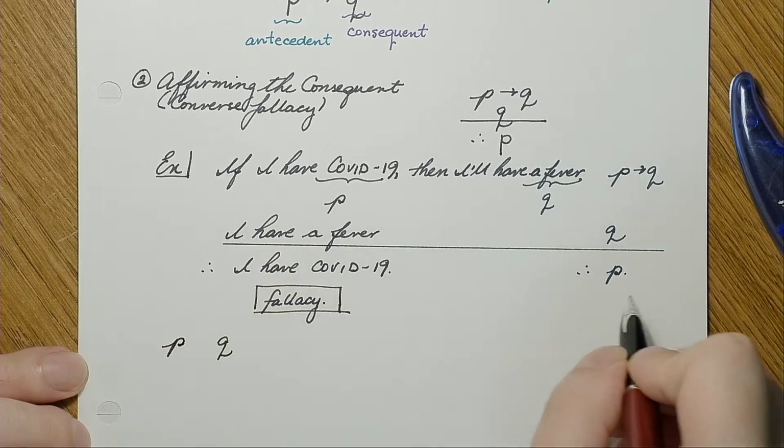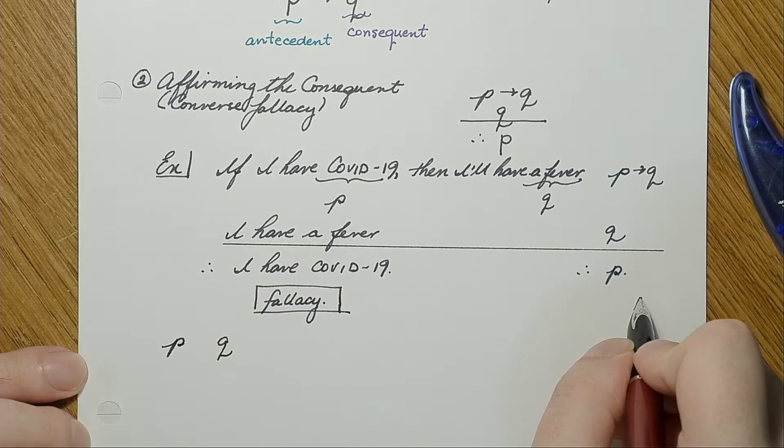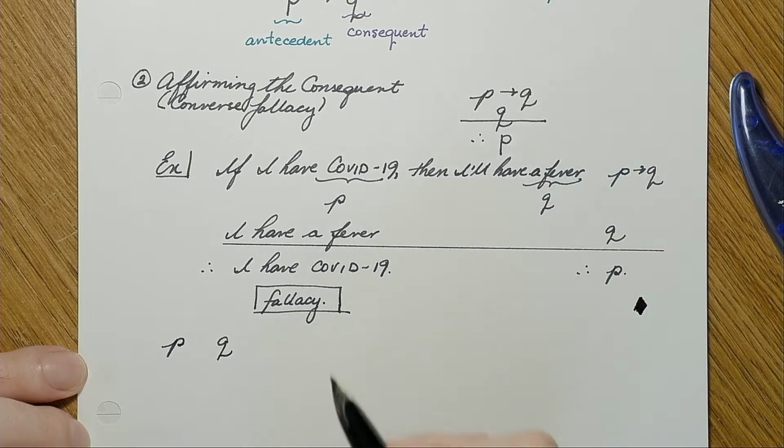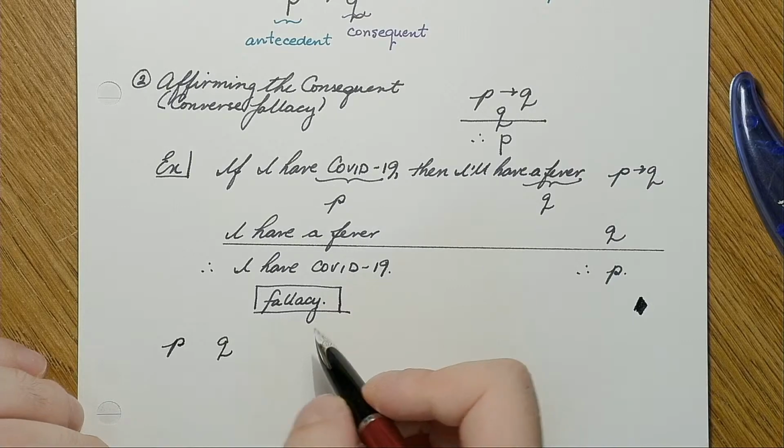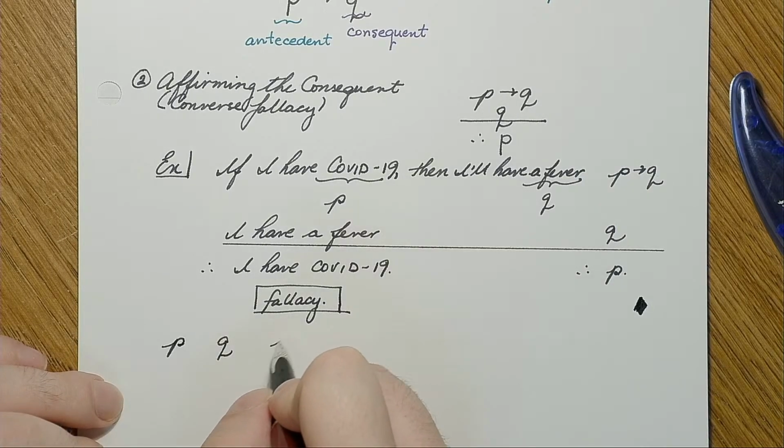And of course, I'll just put a little truth table in to end that example. If I do P, Q, let's do our premise.